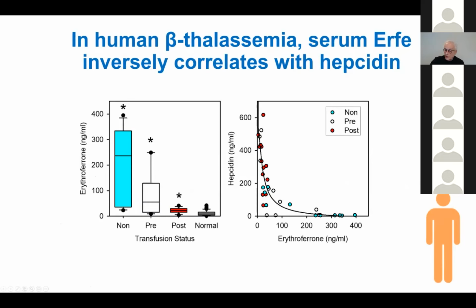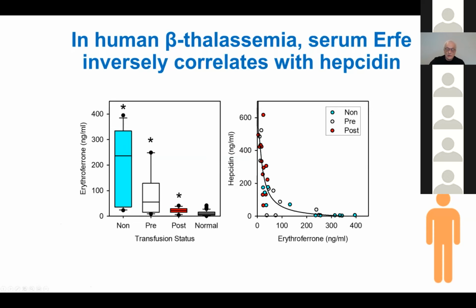And in this particular image, I'm showing you data on human thalassemia, in which the thalassemic patients were divided into three groups. Those that did not receive transfusions at all, or very rarely, in blue. Those that received regular transfusions but were measured before their scheduled transfusion, and those that were measured after their scheduled transfusion, and here in gray are the normal controls.